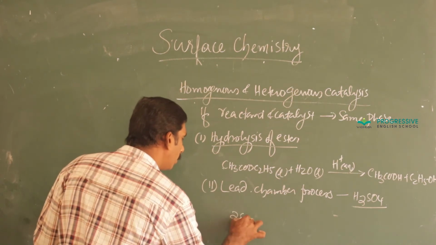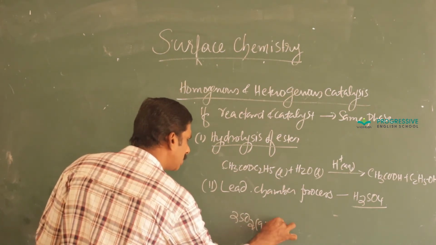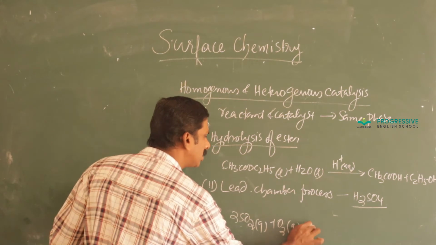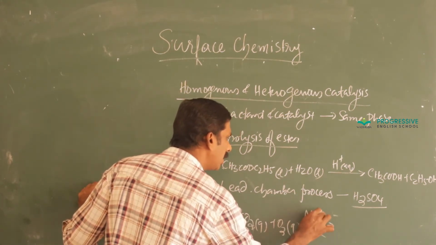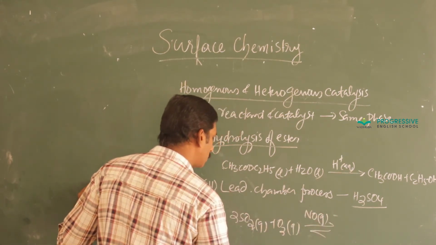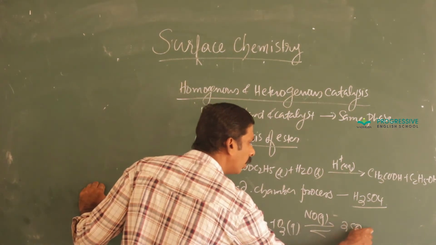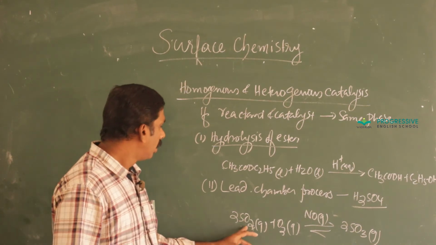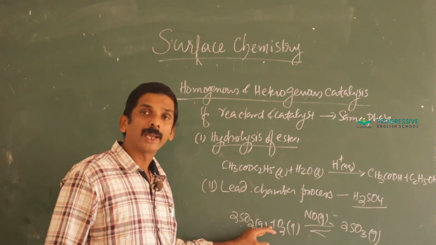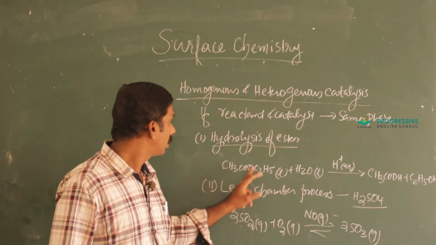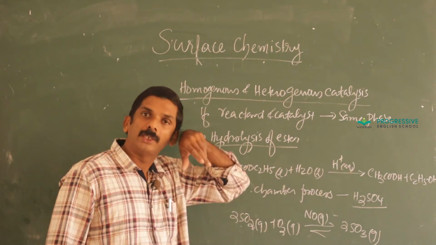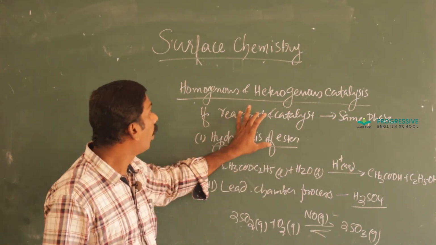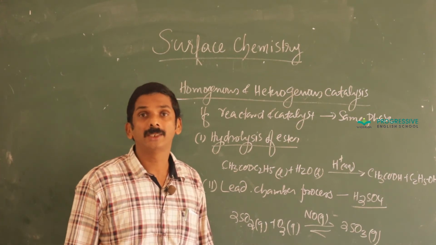Here, 2SO2 in gaseous state plus O2 again in gaseous state, the reaction is catalyzed by nitric oxide, which is also in gaseous state. Here you can see that all the reactants as well as the catalyst are in the same phase. Such a catalysis is called homogeneous catalysis.